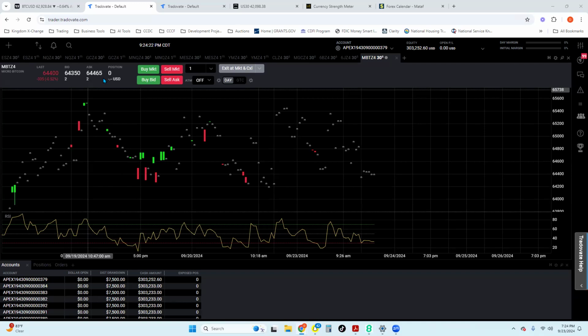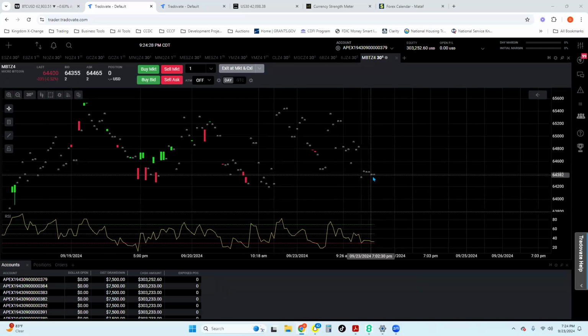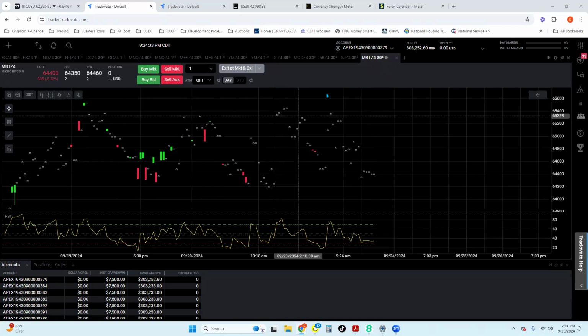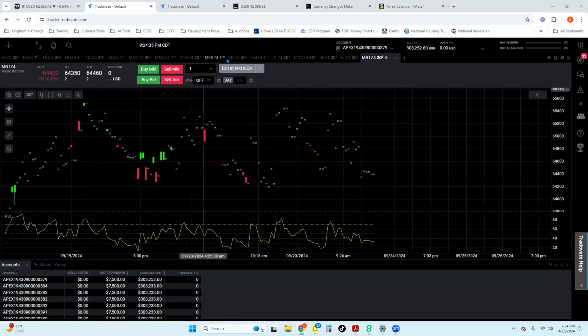You know what I'm saying? So y'all want to pay attention to the bid and ask price, especially in these high ticket ones. But yeah, you have to trade the micro. I'm not playing with this account, and I don't have a demo in here.